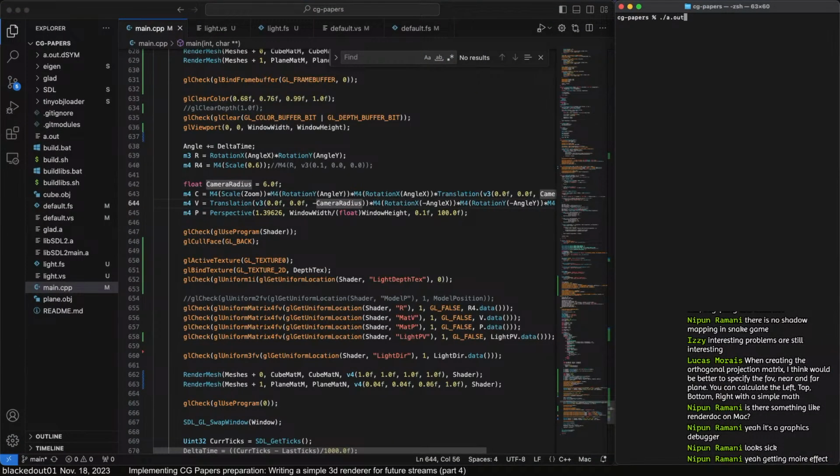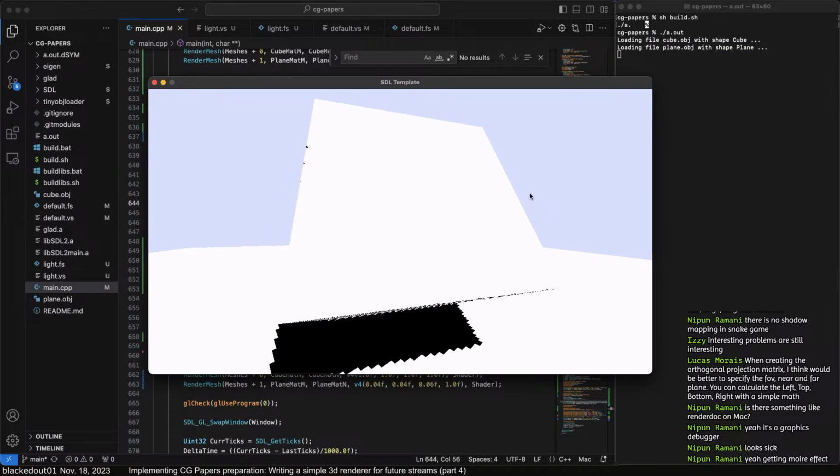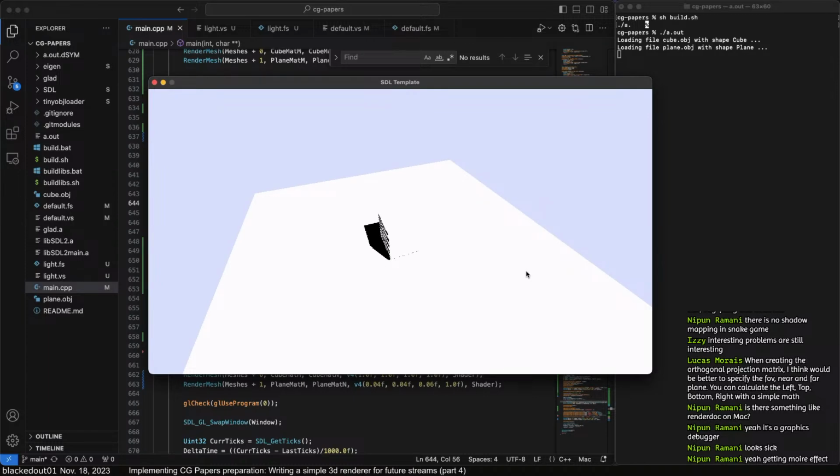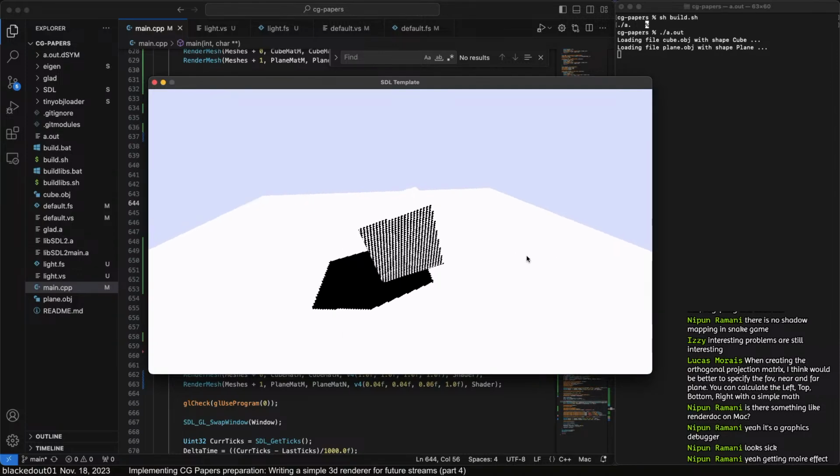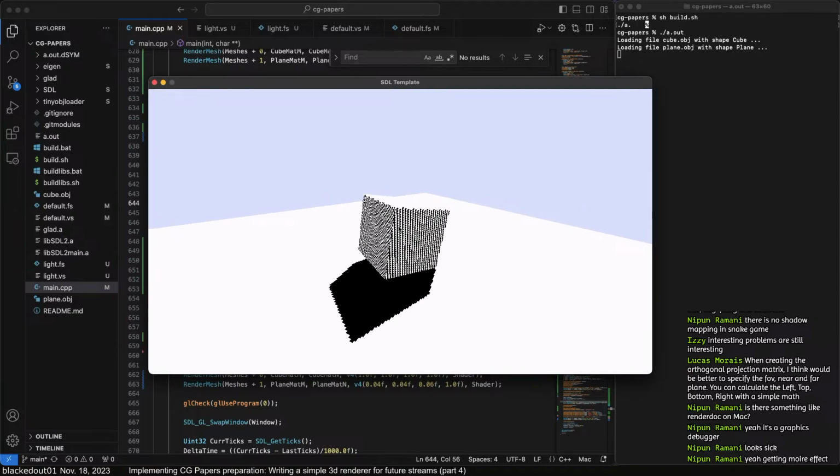And if we do this, what you can see now is that basically shadow acne is removed. It only appears on the backside of the faces.